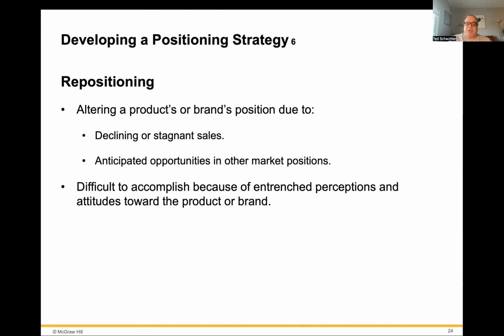So when you reposition, you're retelling a different story to a new audience or even an existing audience to tell them that your brand has become something else, more organic, more conscious, more diverse, more inclusive, whichever. So that's what repositioning is. Repositioning is taking the original position that the product had in the market and then restating it in a different way to connect with consumers who became disconnected from the brand under its current positioning.